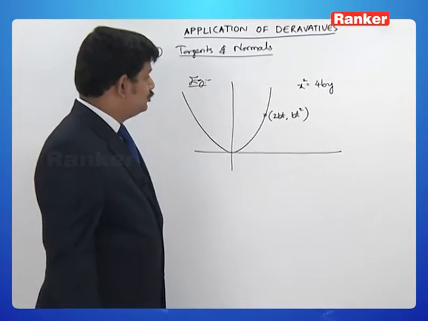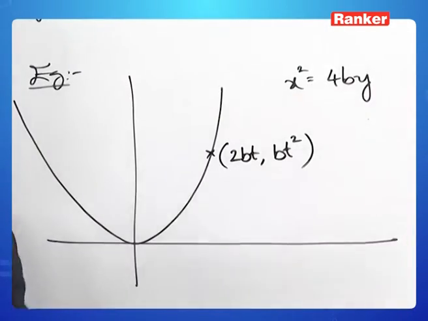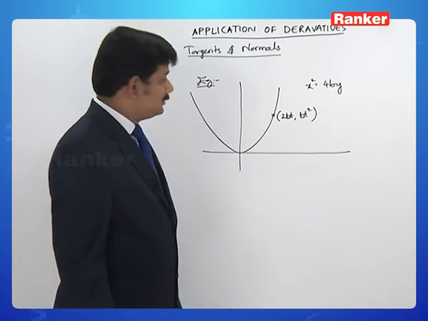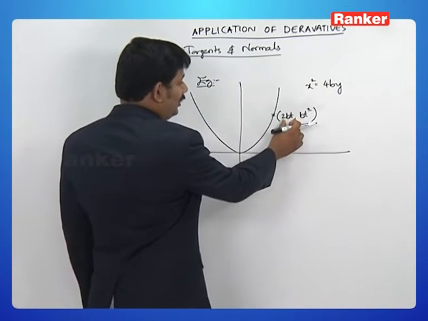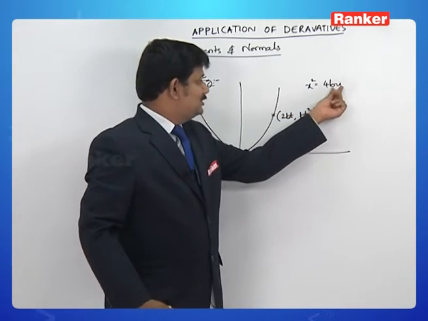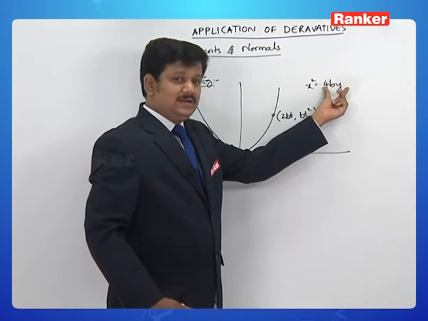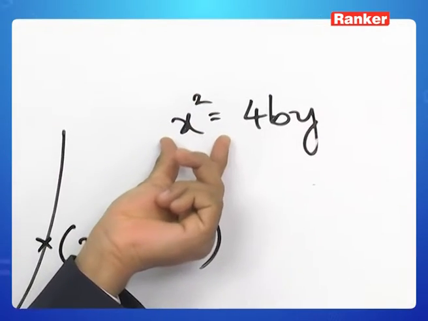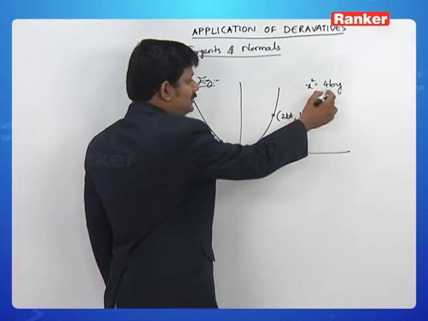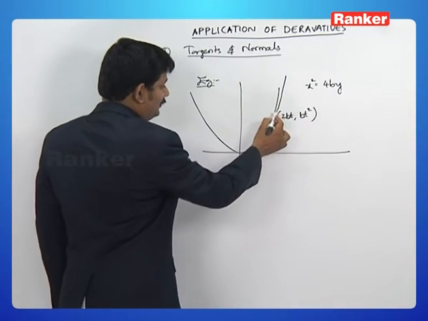At the point (2bt, bt square) on the curve x square is equal to 4by, I am asked to find the equation of the tangent. Now, we can see for all values of t, this point satisfies this curve. Let me substitute bt square here in place of y. It is 4b square t square on the right hand side, and 2bt squared gives 4b square t square on the left hand side. These are called parametric coordinates of any point on this particular curve. So, let us find the equation of the tangent at this point.